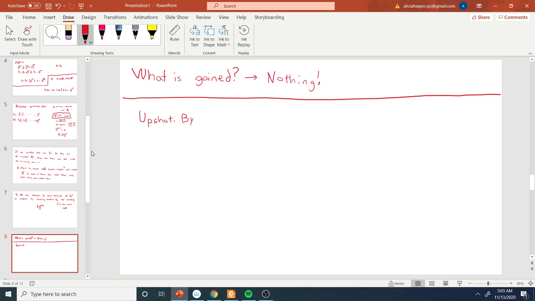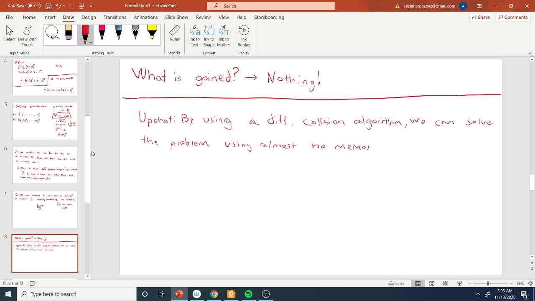By using a different collision algorithm, we can solve the problem using almost no memory. But this is really tricky.